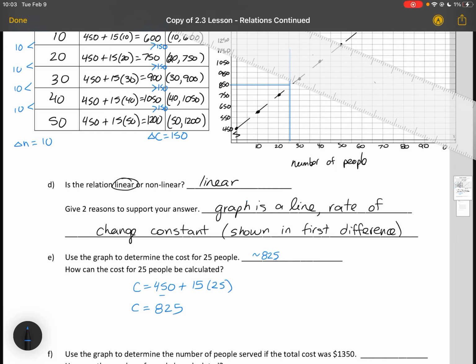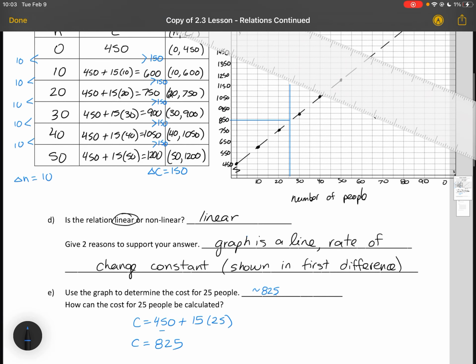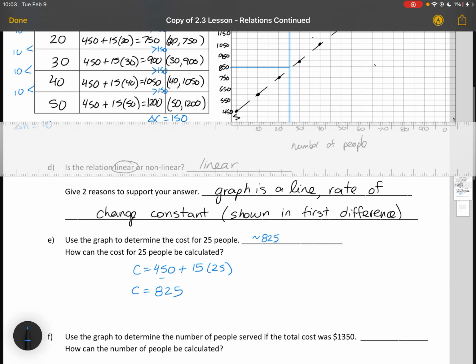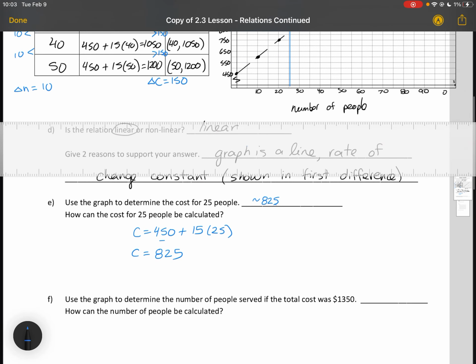Okay, I estimated a little bit lower than my line on the graph because I can see that drawing with my ruler, my line is really actually probably a little bit lower here, just from where I place my ruler on the iPad. Okay.